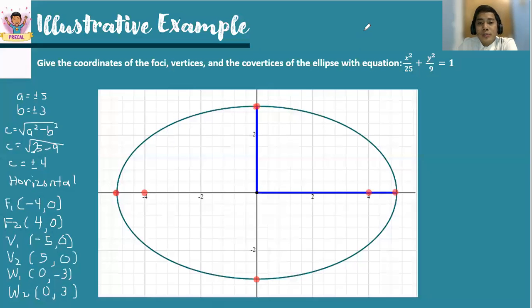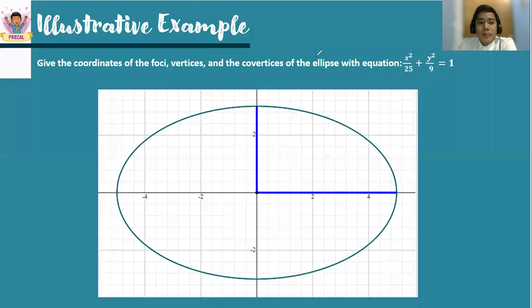The latus rectum is very important also, so that you could connect the endpoints of the latus rectum. These are points which could be used to connect the curve. Okay, but we will not be talking about them anymore because the skill that you need to learn is how to give the foci, the vertices, and the co-vertices.